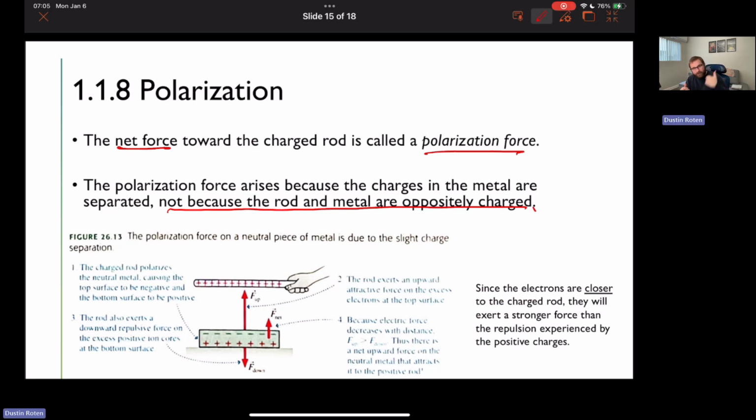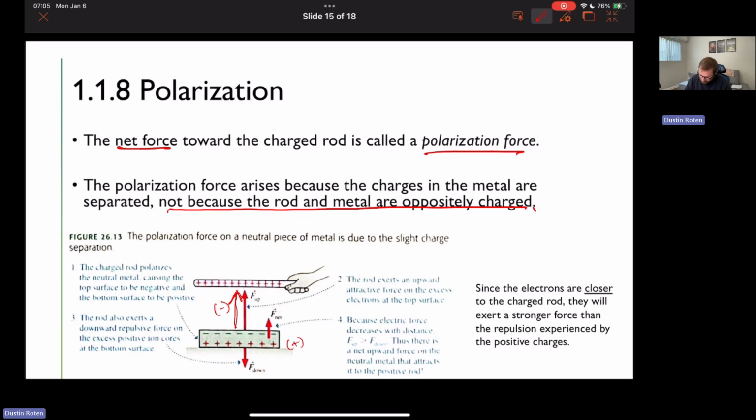Okay, so looking at this again, in this situation where we have the rod and the metal, this is an attractive force because they're opposite charges. Notice how this vector is much larger than the others. This is the force vector from our electrons. Now, other charges, such as these protons down here, they're the same as the rod.